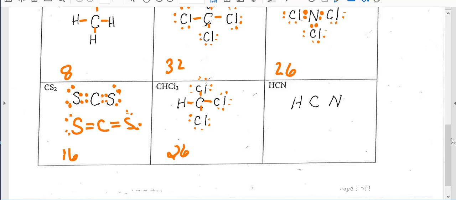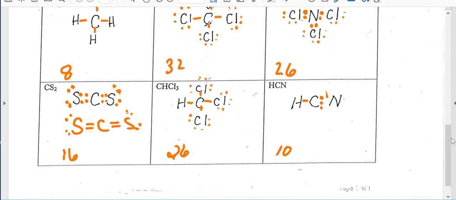Finally, we have this. That's 5 valence electrons and 4 and 1 for a total of 10 valence electrons. Hydrogen only can make 1 bond. That's all it can do. Now nitrogen needs to go up by 3, and carbon needs to also go up by 3 from where it was.